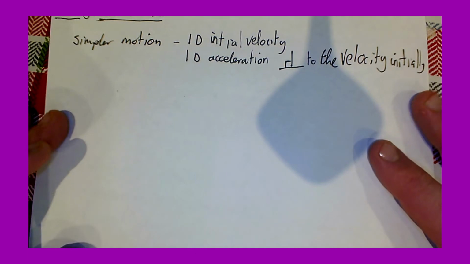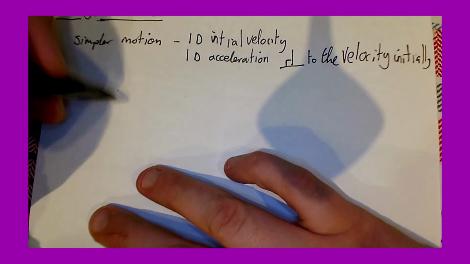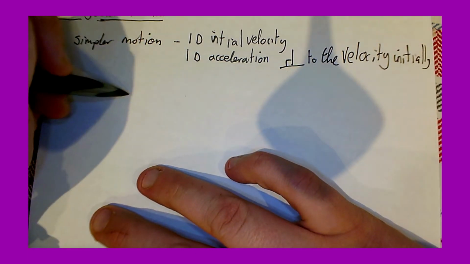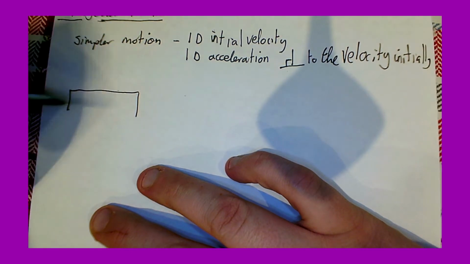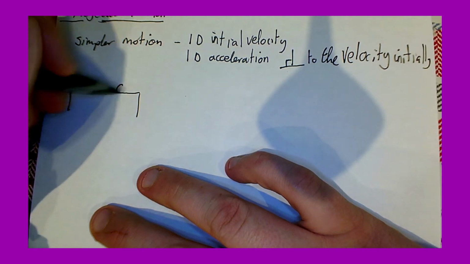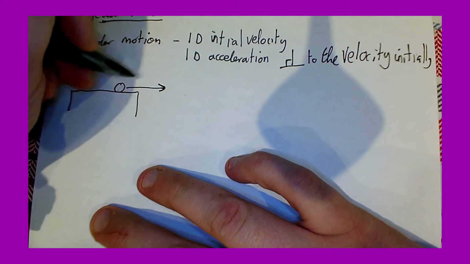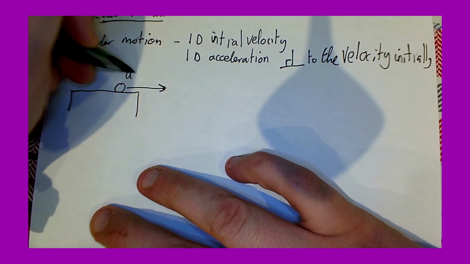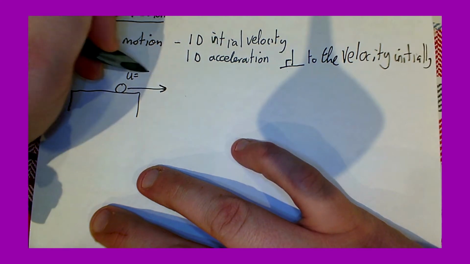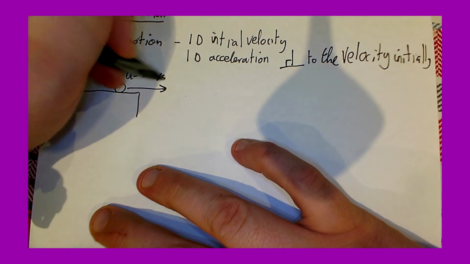That might not mean much, but basically what it means is that if this is our table, and if we push a ball off here, then it's got an initial velocity, so u in this case equals, I don't know, 5 meters per second.